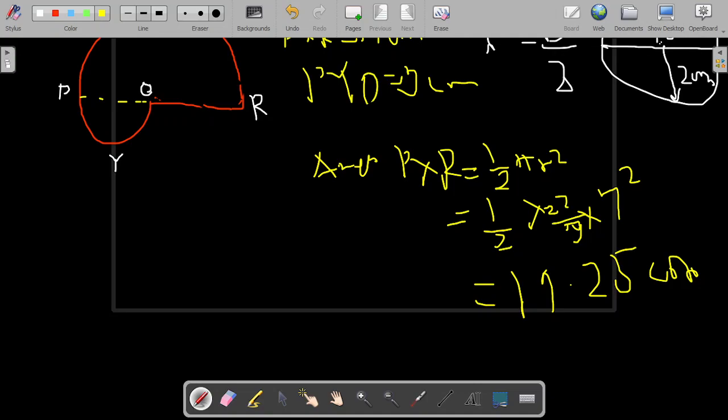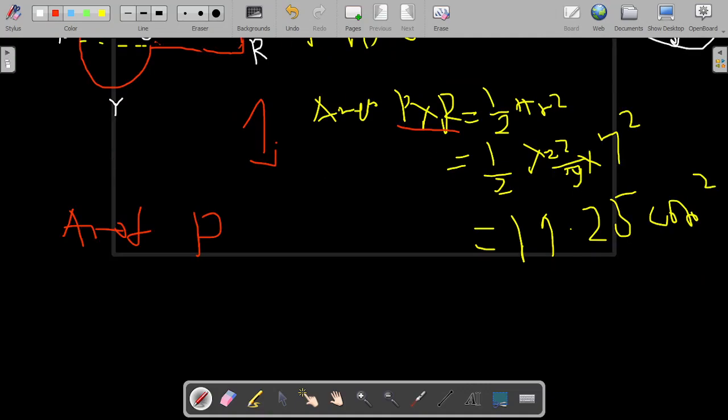We have to find the area of the enclosed regions, PXR and POY. So we find the area of this region first, then the area of this region, then we add them together. Now we've gotten the area of PXR, so let's solve for POY. The area of POY is also 1 over 2 pi r squared, times the pi, 22 over 7, times the radius.